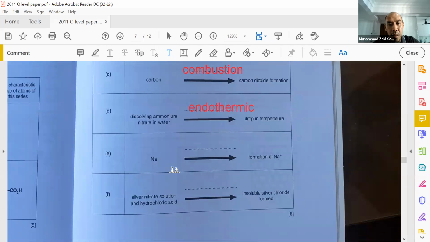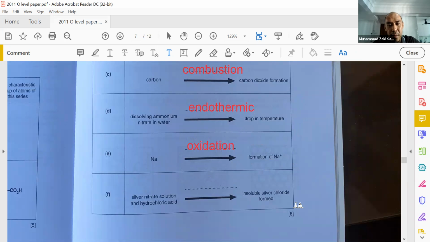Next, sodium to formation of Na+. Na to Na+. This one looks familiar, right? Na 0 to Na plus. Start from the letter O: oxidation.